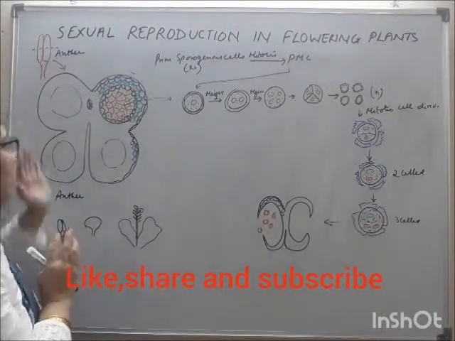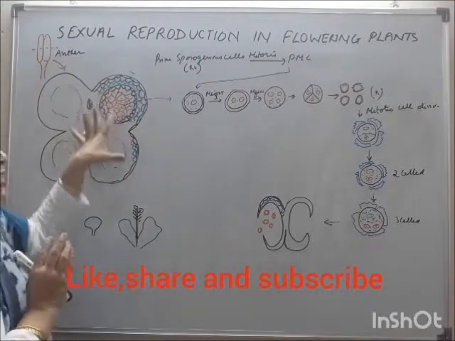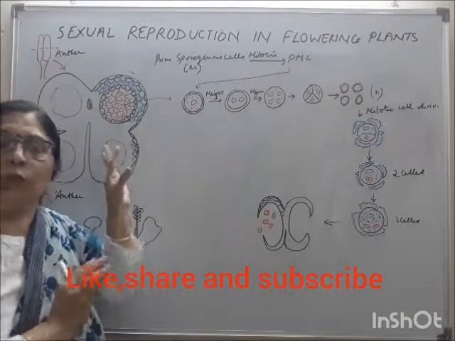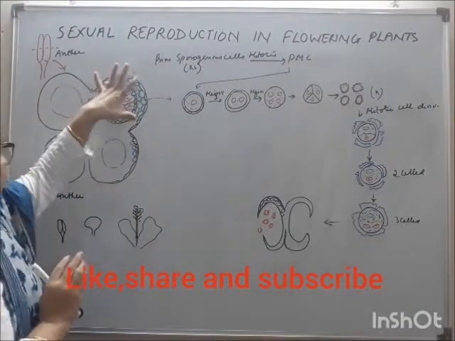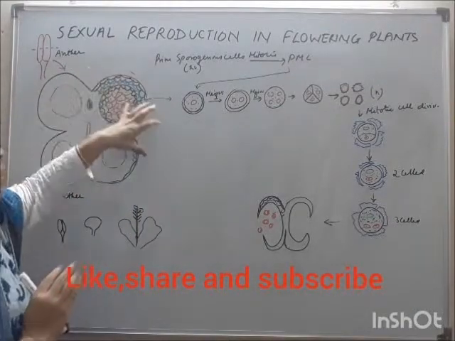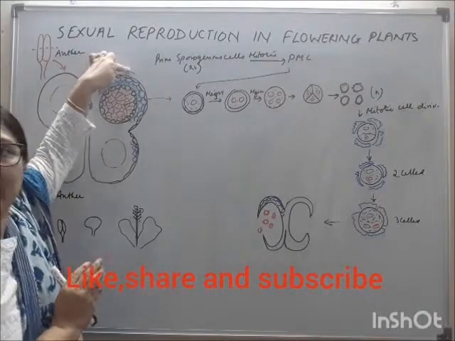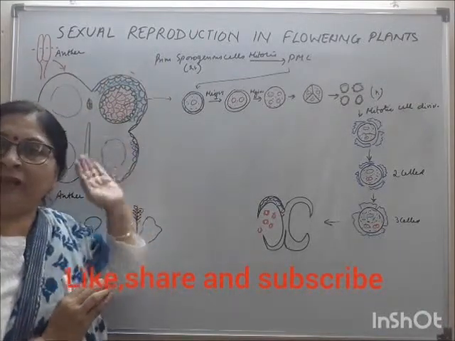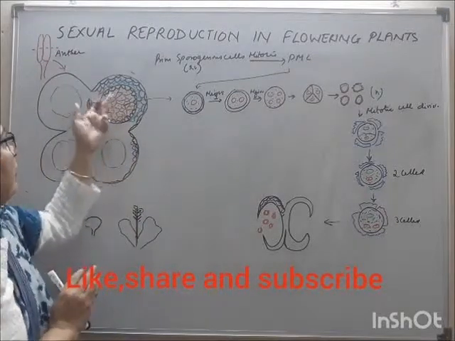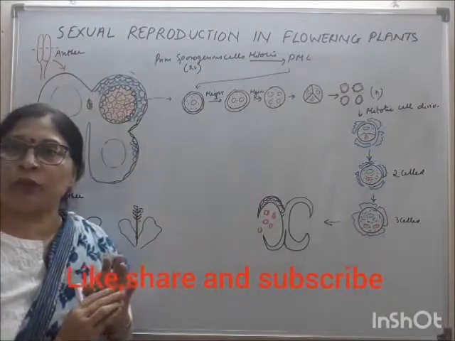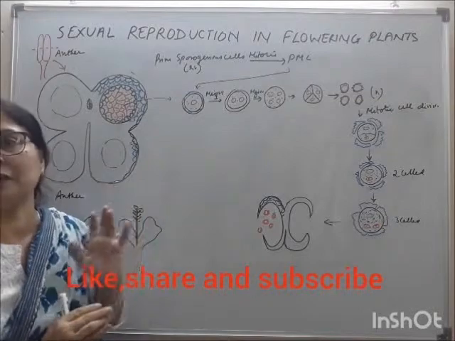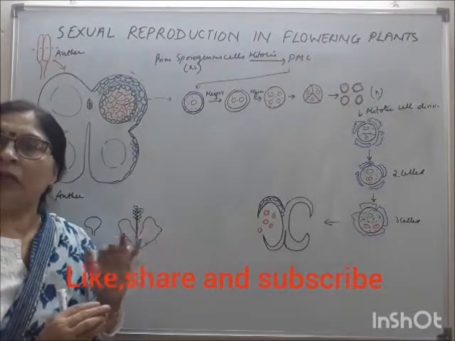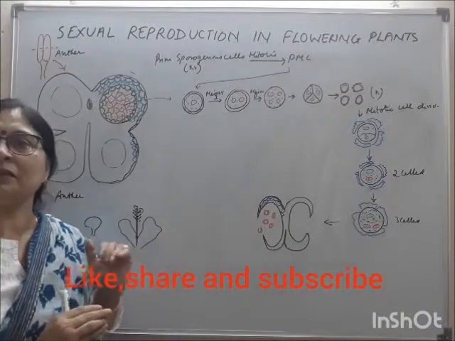So this is the structure of anther lobe. Now if you cut the section of anther lobe, you will find the outer layer, it is epidermis, just below it is endothecium, and then middle layer, and then tapetum and microspore, primary sporogenous cells, or you can say microspore mother cell or pollen mother cell.